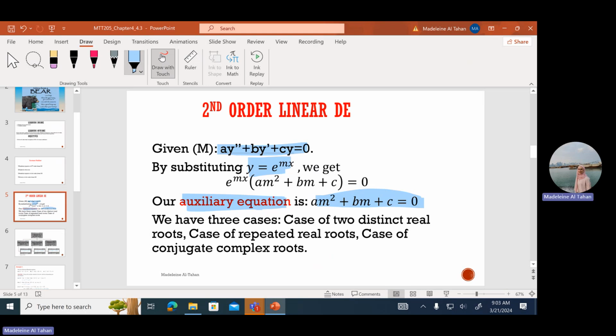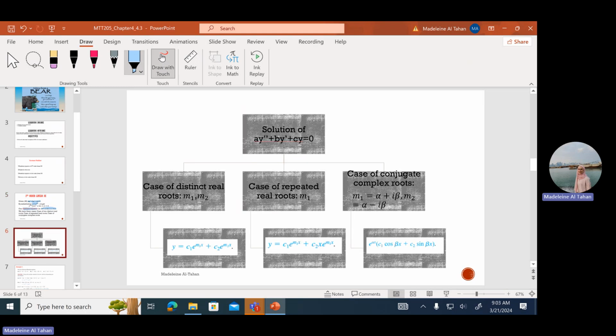So what are the cases that we have for the solution? We can have distinct real roots. So the solution will be e power m1x, e power m2x, and the linear combination of them. In the case we have a double root, it means that m is repeated. We need 2 independent solutions. Can we write the 2 independent solutions as e^(mx) and e^(mx)?